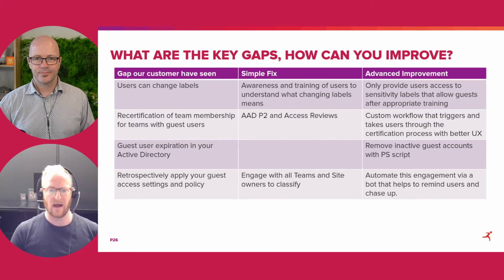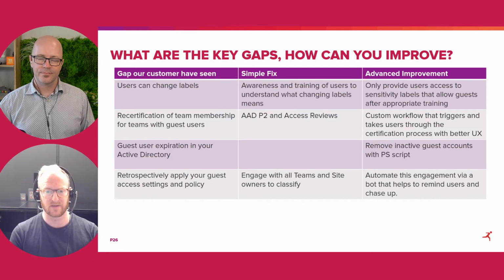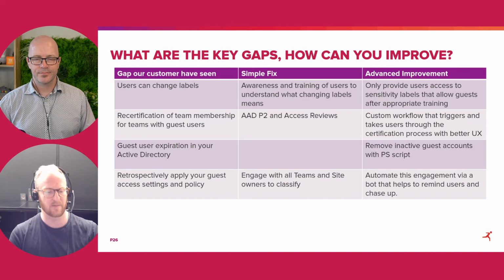Now, you can implement the out-of-the-box Azure Active Directory access reviews. And they're great. They're improving again really quickly. You can now set them up and send them just to team owners that have guests available in their groups. But that is an advanced licensing cost, which you need to consider. And sometimes, depending on the size of your organization, it can be quite cost prohibitive.